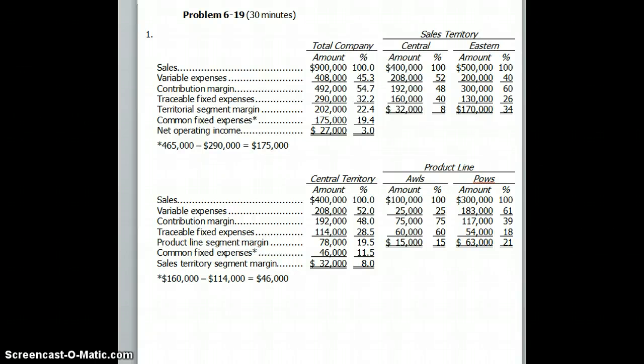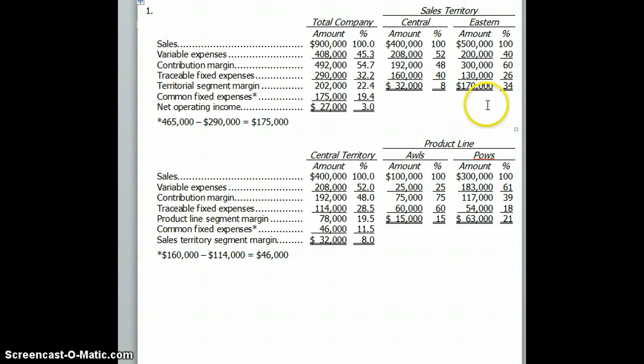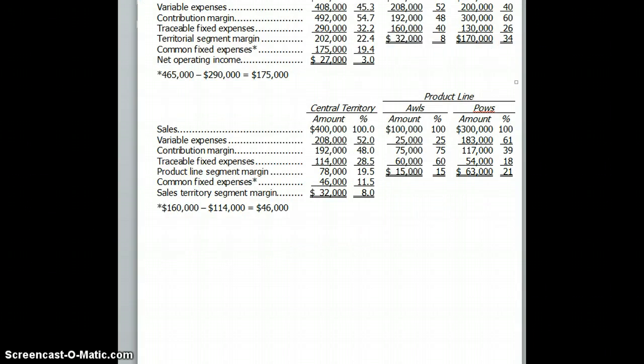All right. After preparing these two segment statements, in number 2, they ask us to look at the statement you've prepared showing the total company segment by sales territory. And they ask us what points might be revealed by this statement that should be brought to management's attention.